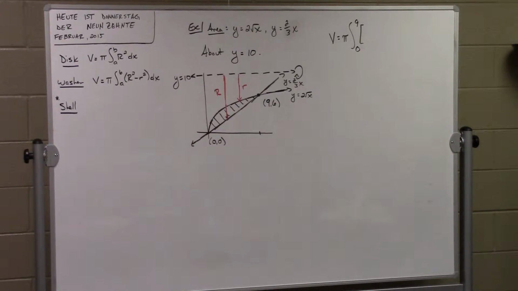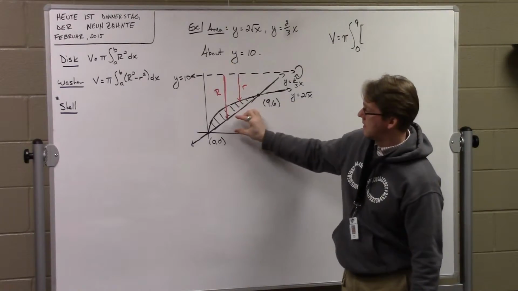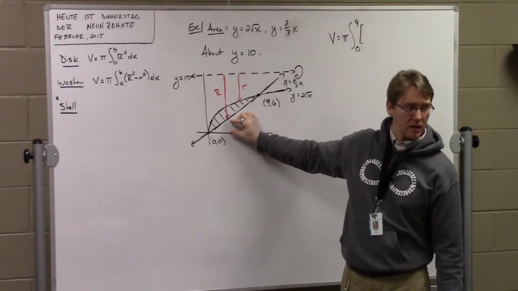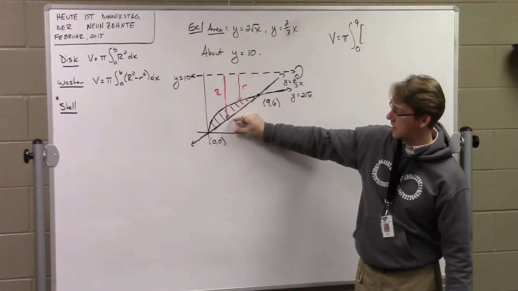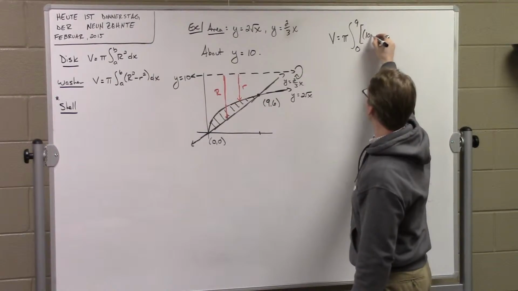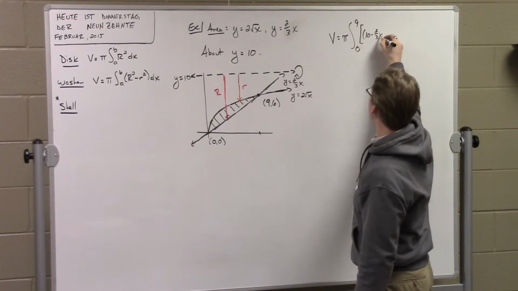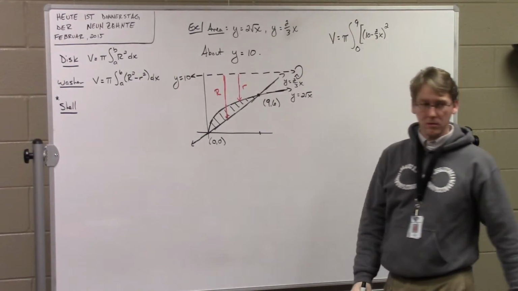Other way around. 10 minus 2/3 x. So my big R is 10 minus 2/3 x, pi R squared.